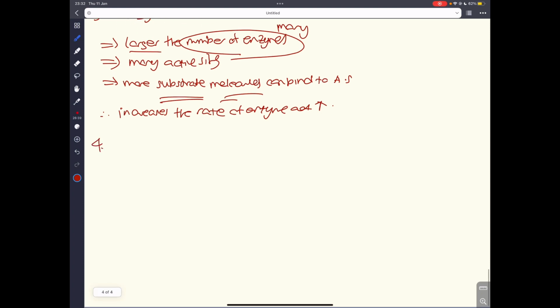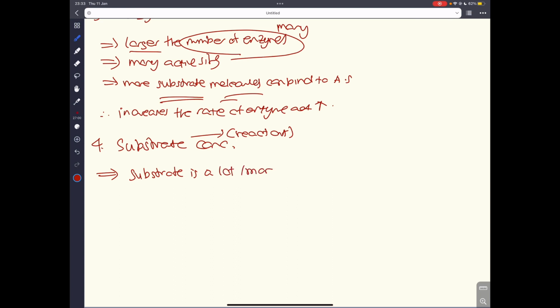Now the last factor is actually called substrate concentration. Substrates are basically the reactant molecules that will actually go and bind to the enzyme. So if there is a lot of substrate, or there are more available, then they will bind to the enzyme.